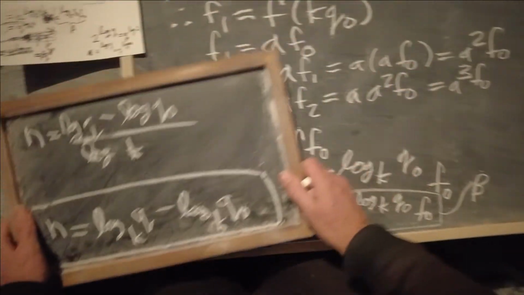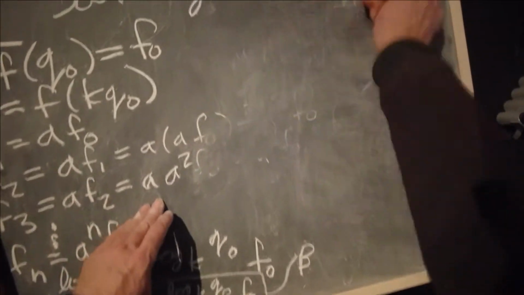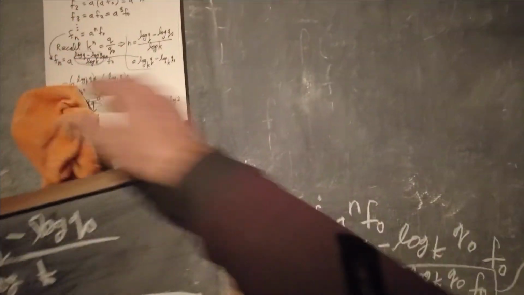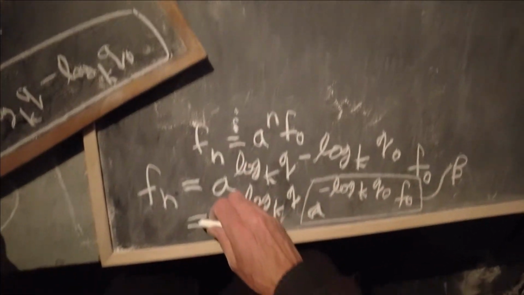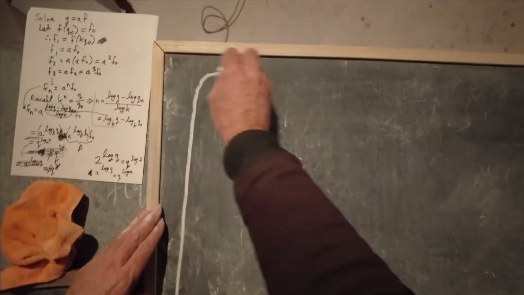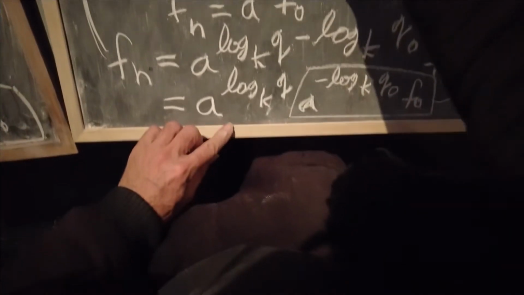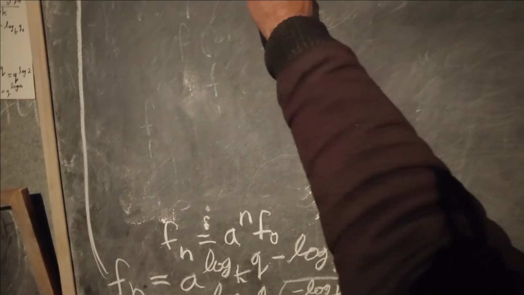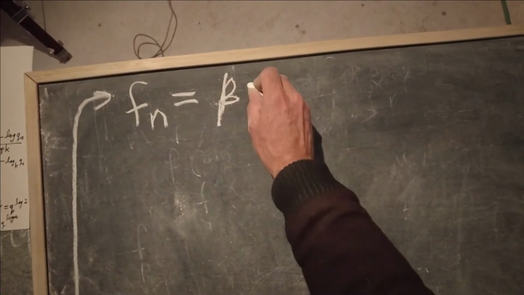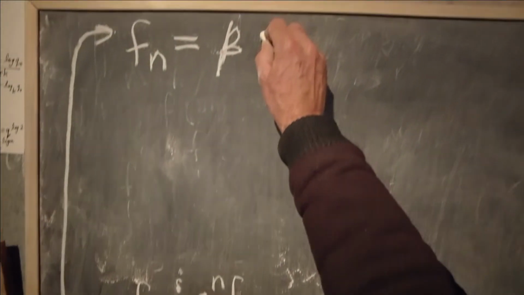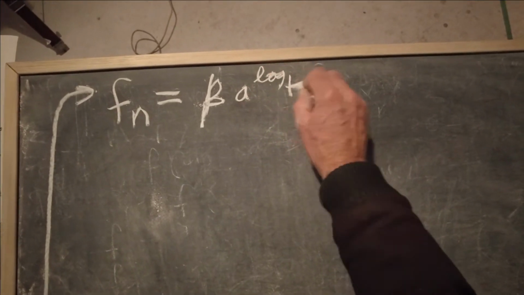And then if we just continue over here, we have fn is equal to beta times a to the log k of q. Beta times a to the log k of q.